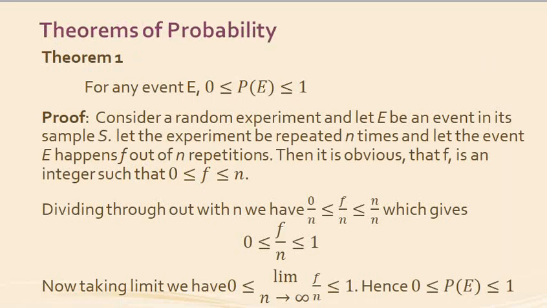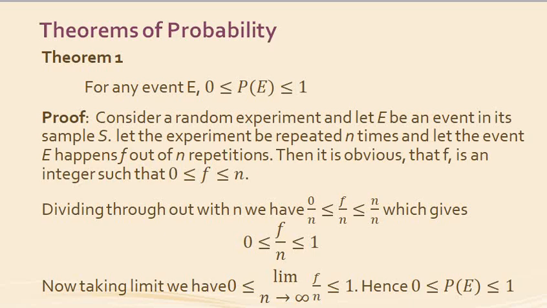So now we go for the theorems of probability based on these axioms. For any event E, P of E lies between 0 and 1. The proof is very simple because we know that, let A be an event which occurs f times and n be the total number of trials, then f can take a value between 0 and n. So the minimum value that f can take is 0 and the maximum value is n.